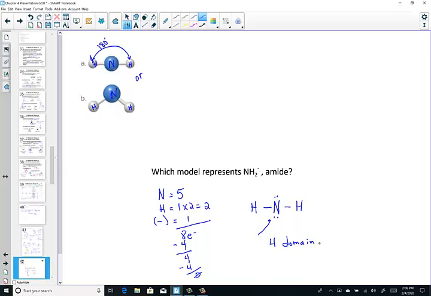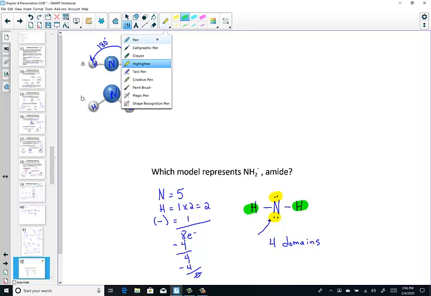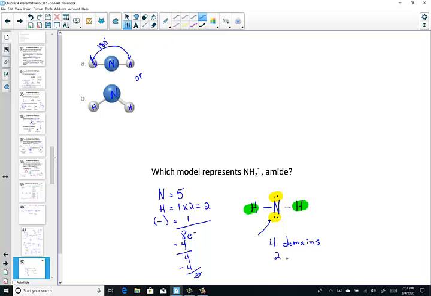A domain is a bond leading to an atom or a set of lone pair. Well, of this central atom, I can count 1, 2 lone pairs and 2 atoms. So when I'm considering the 4 domains, 2 atoms, 2 lone pairs.